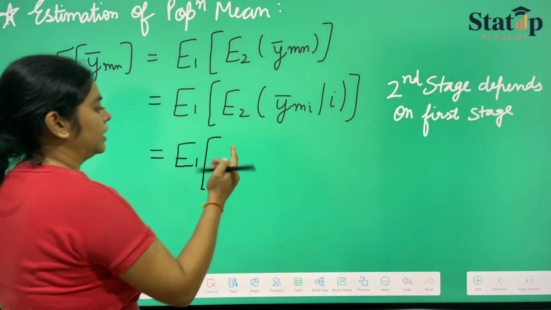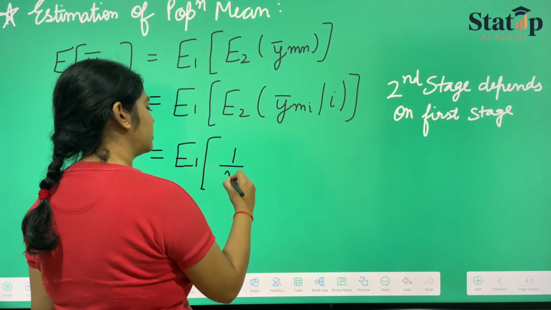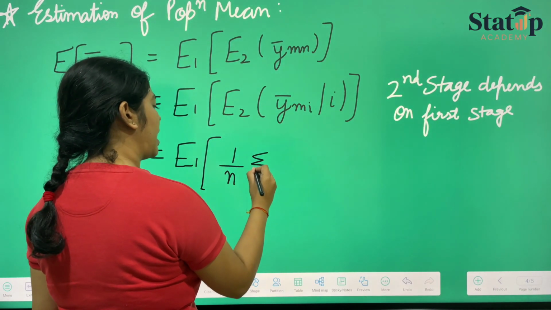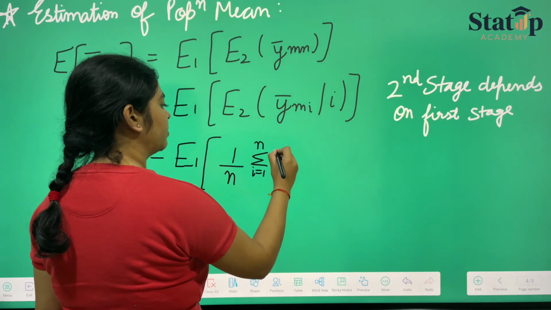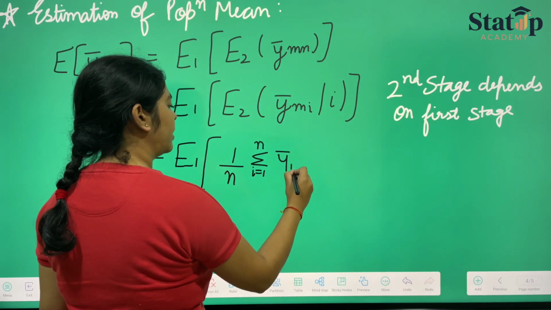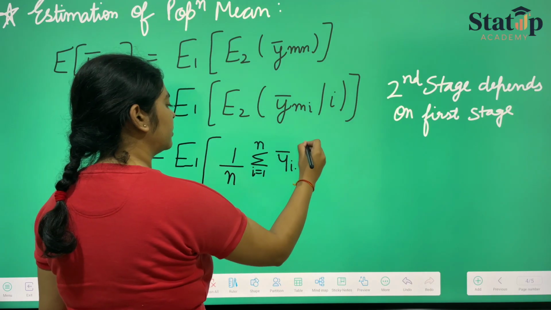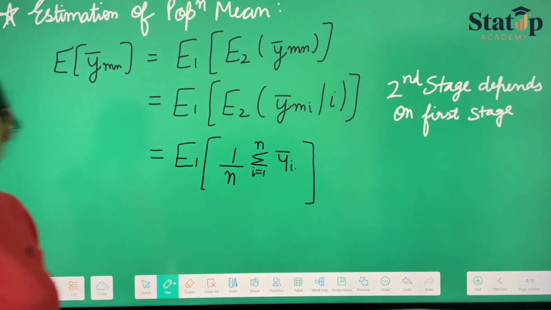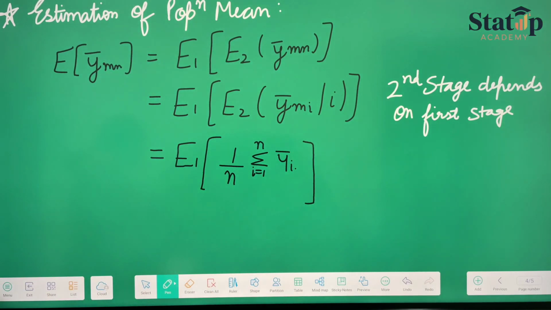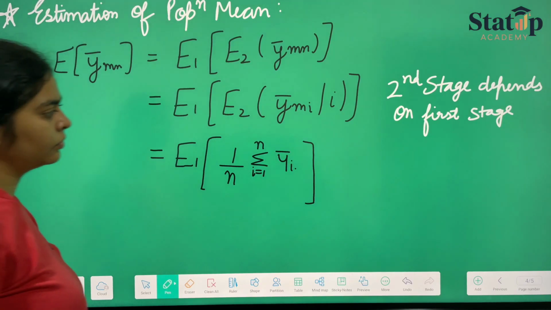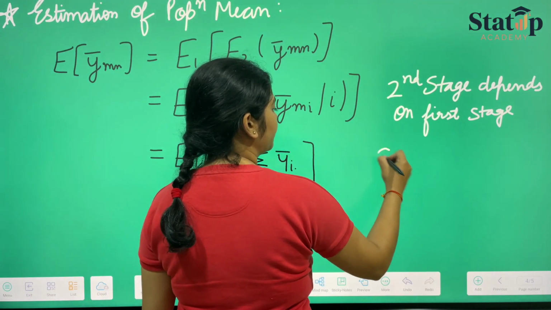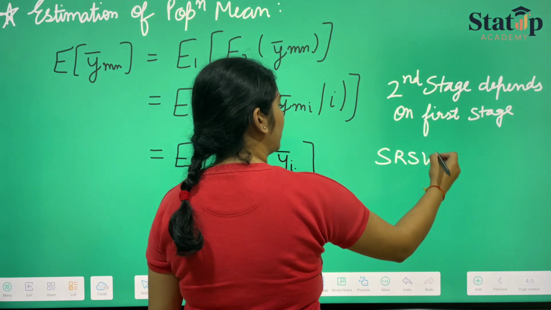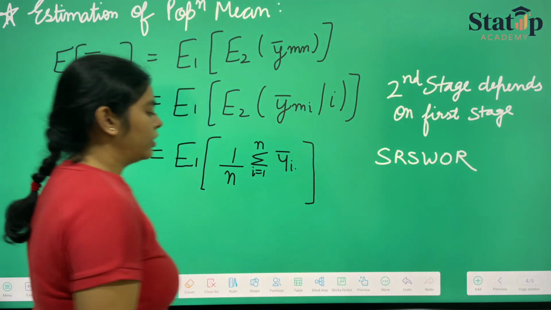So this can be written as 1 upon n summation i goes from 1 to n y bar i. This is due to simple random sampling without replacement. You can write the reason along with it.